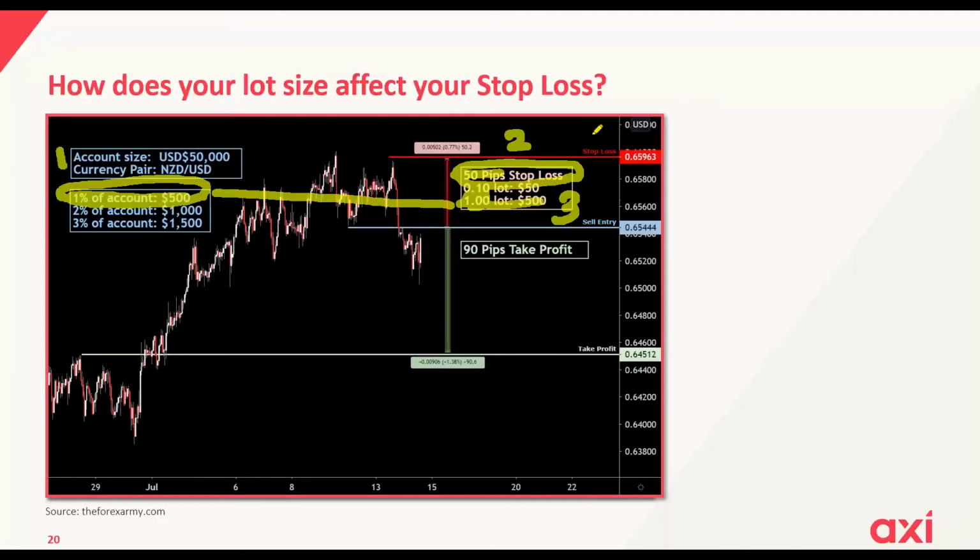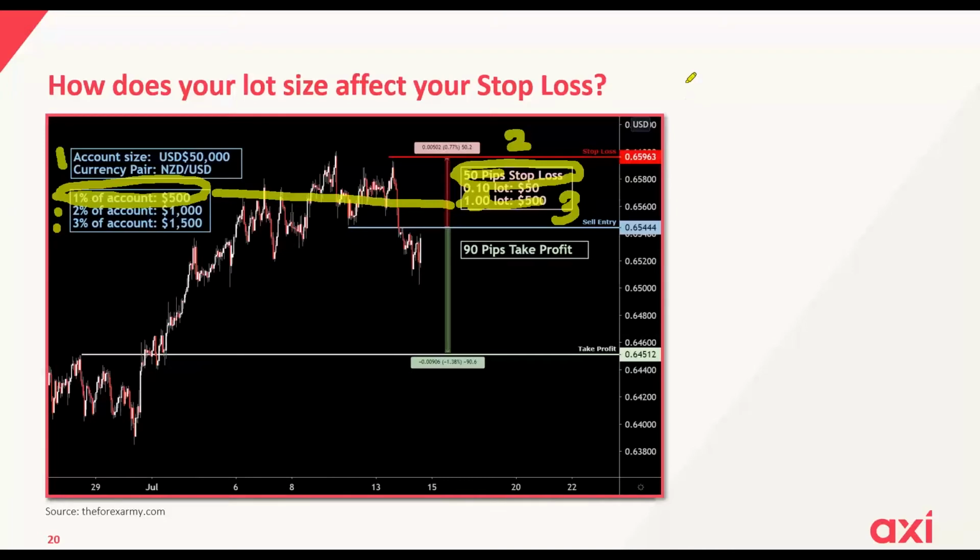So it is not about picking a random lot size each time you trade. If the trade is normal, I'll put 1% of my account, just like the roulette table we played earlier. If it's better, I put 2%. If it's super good, I put 3% of my account. Depending on whether I put 1, 2, or 3%, I will need to put 1, 2, or 3 lots.